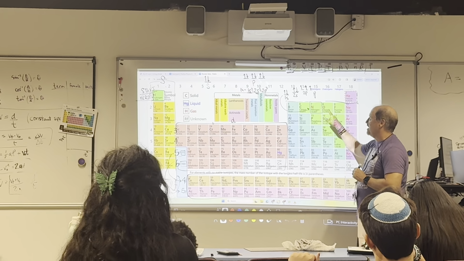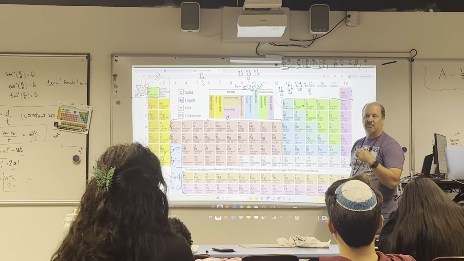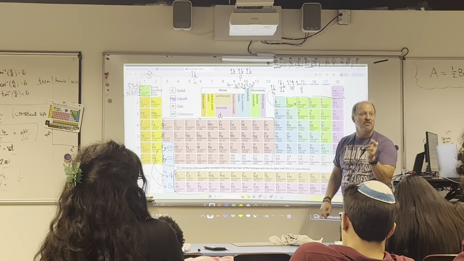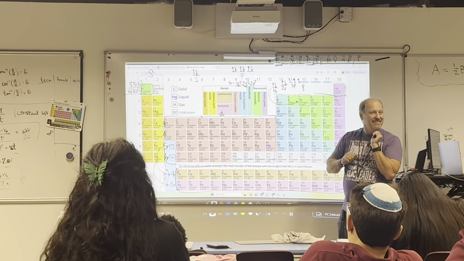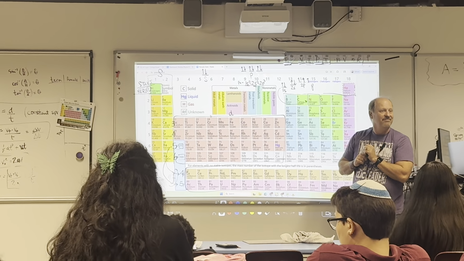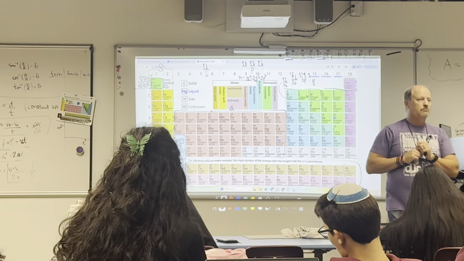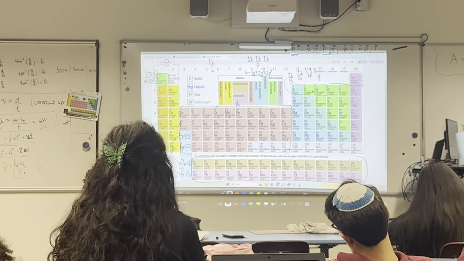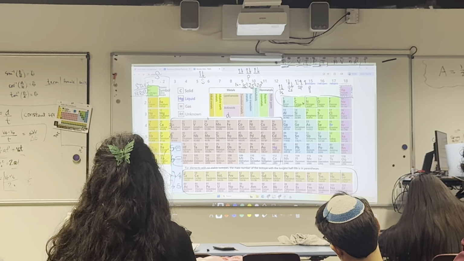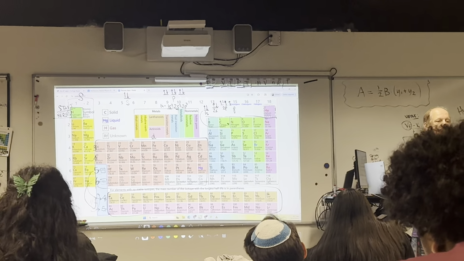So the spin diagram for oxygen would look just like that, except the first subshell of the p would have an up and a down. There's never going to be an empty one with an up-down.